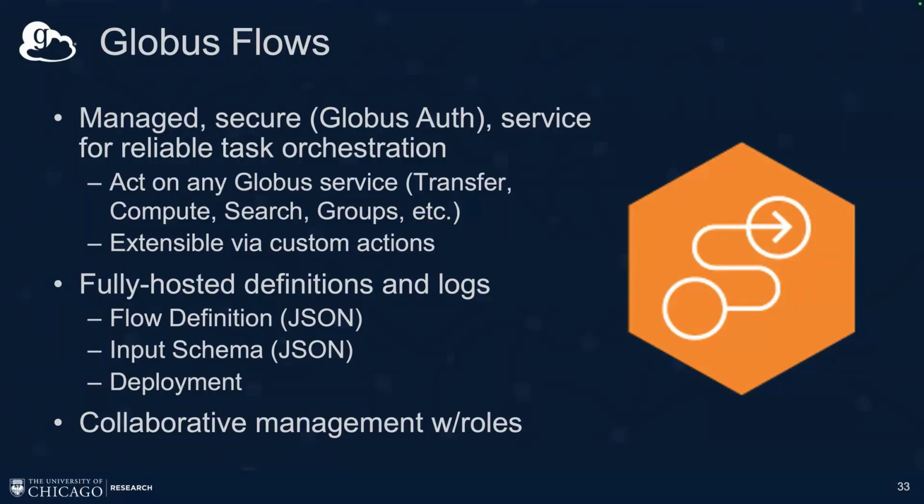You can, if you need to, have the flow use independent permissions from the person who's running it. So maybe there's a step in it that can only be run by somebody with privileged access. You can make that happen in your flow definition as well. But it's the exception rather than the rule. Normally, it uses the permissions of whoever's running it.